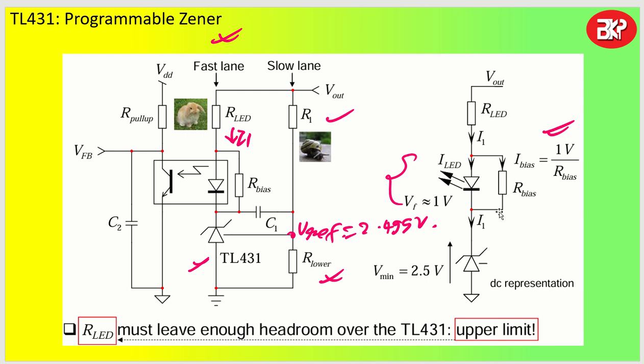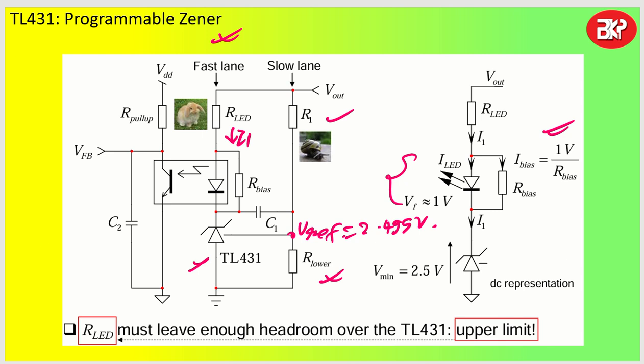Similarly, the current I1 will be nothing but V out by R LED, and this is how the total current flowing through the TL431 is your I1.